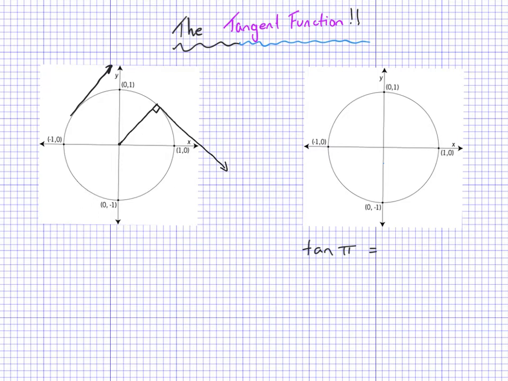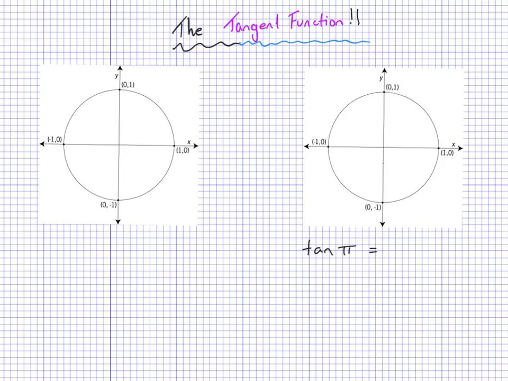Okay, so I'll just erase those tangents and we'll talk about how it happens on the unit circle. I don't have a historical lesson for you this time. All I can assume is that the people who made this up were looking for interesting things to do with circles and angles. So here we go.